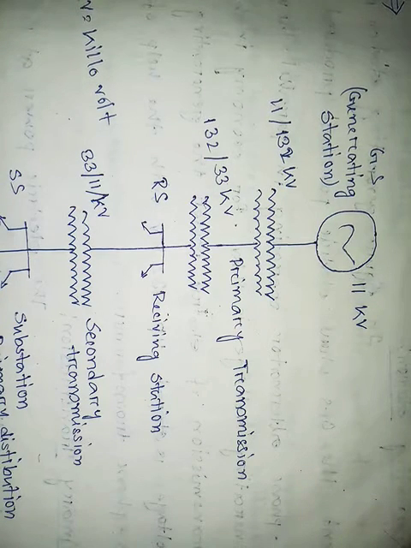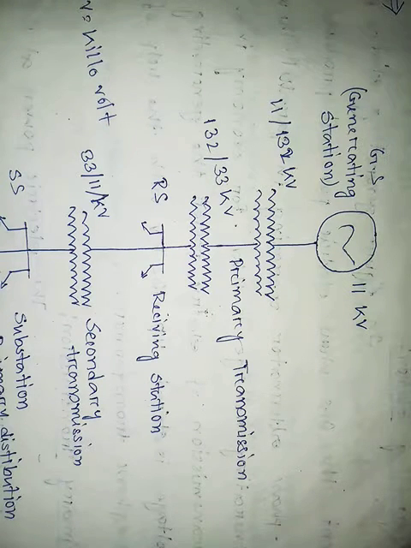is increasing, because our generating station is far away from our locality or any industrial area. So we are using a transmission tower and a transmission line to supply the power.